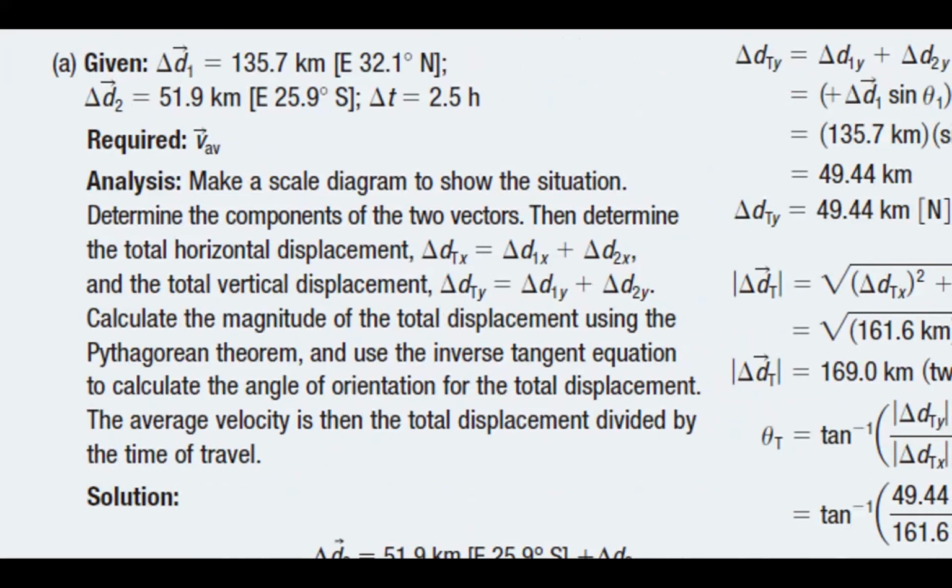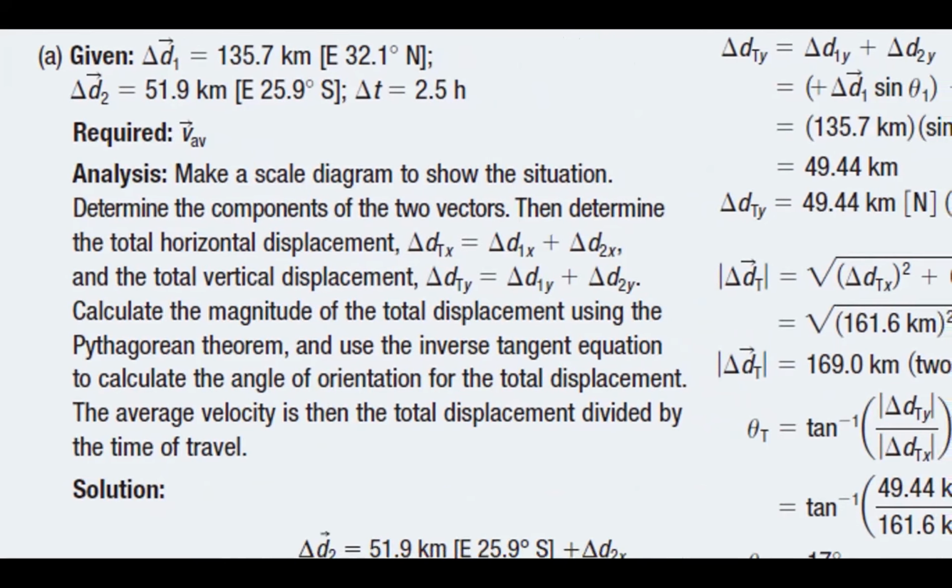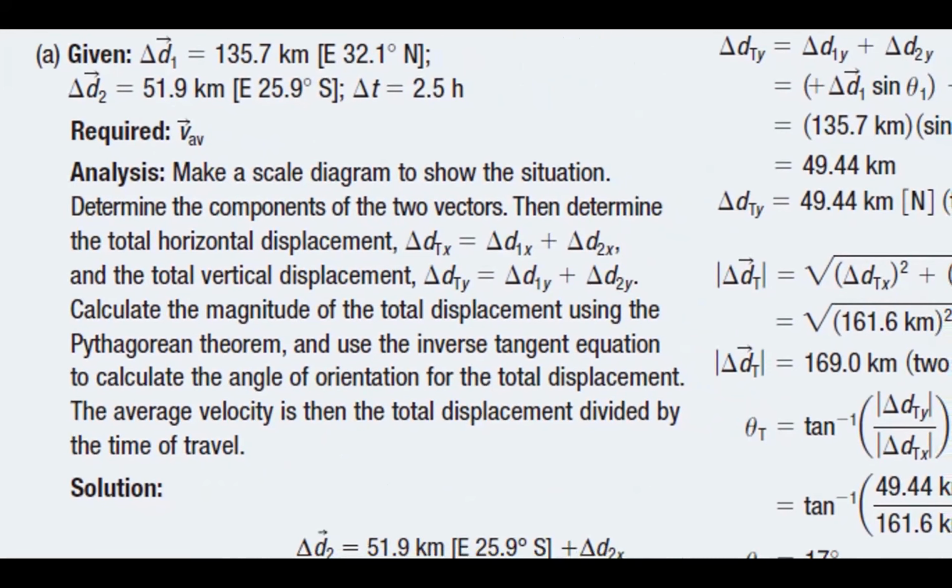And also we're given the second displacement, which is 51.9 kilometers, 25.9 degrees south of east. And the time interval is 2.5 hours. And we need to find the average velocity, V average.